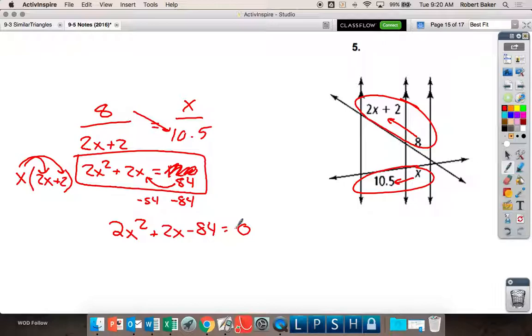It's called factoring. I told you the second semester would get much more glorious. So, because this 2x squared has a 2 in front of it, because the 2x has a 2 in front of it, and because the 84 is even, I can cut everything in half. I can divide everything by 2.